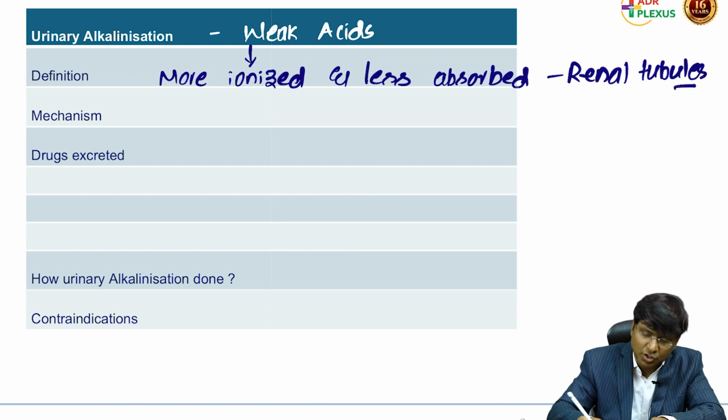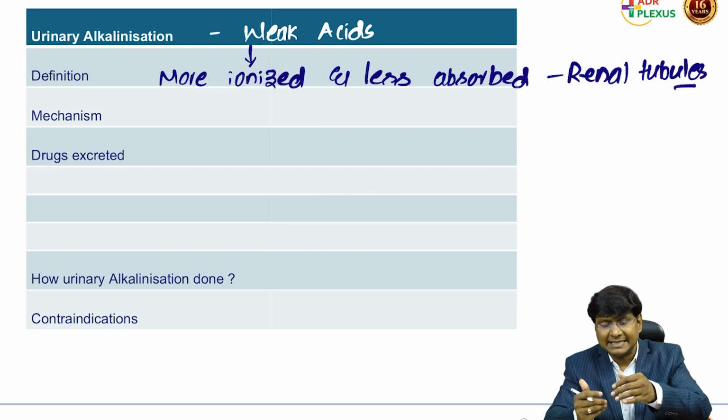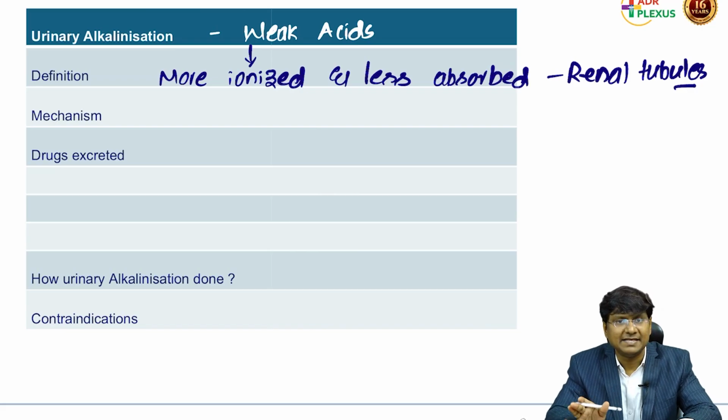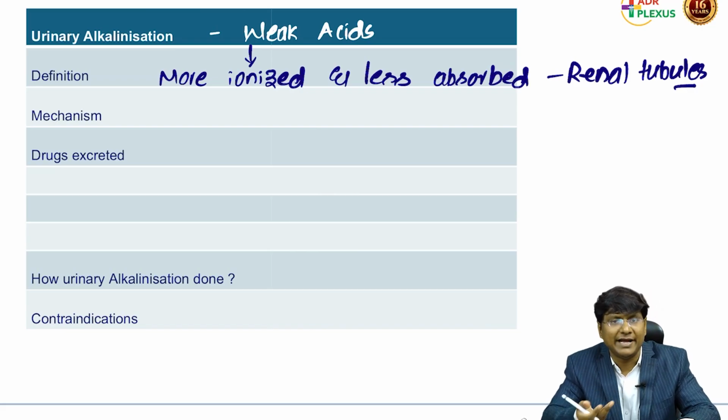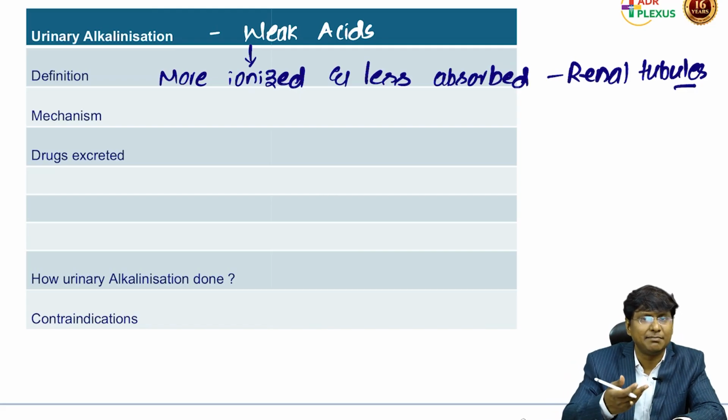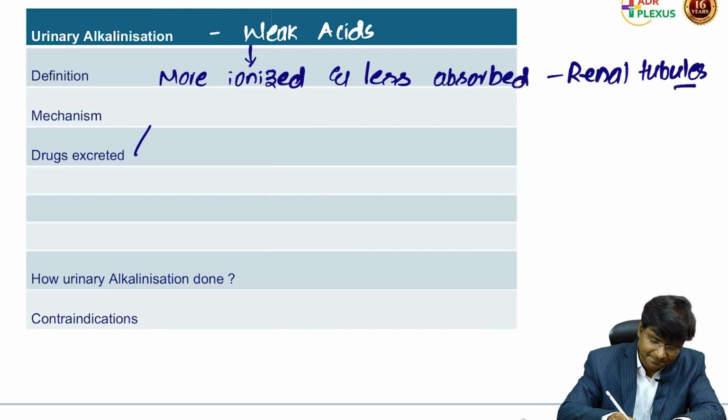Once they are less absorbed across the renal tubule, that will promote their elimination from the body. And that is the mechanism. The mechanism is that they become more ionized and will not be reabsorbed across the renal tubules, thereby eliminating from the body.